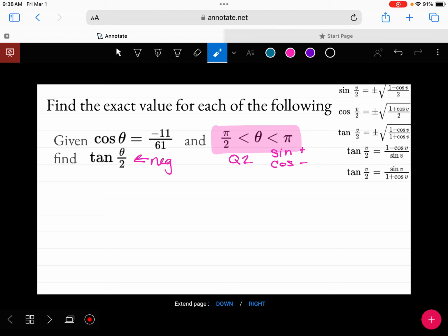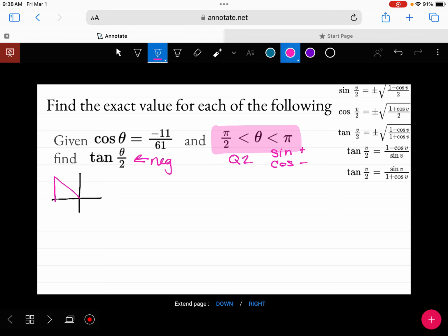You have options. You can, since they gave us cosine, just use the formula that uses cosine and not have to draw the triangle. You can also come in here and just like we did yesterday, make yourself a little sketchy sketch in quadrant 2, figure out all your pieces, and find your own sine of v. Okay? So you have options.